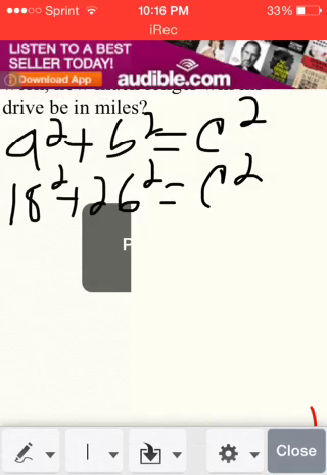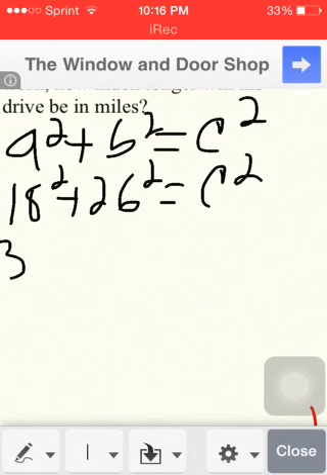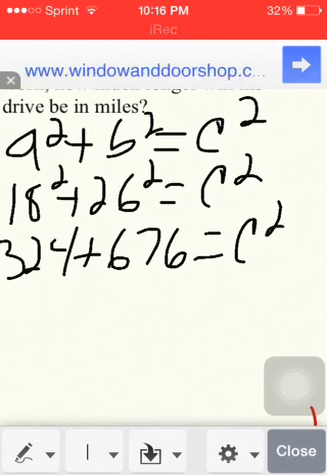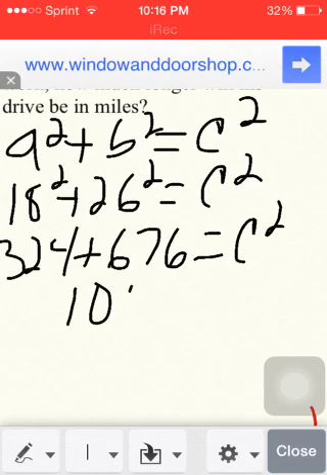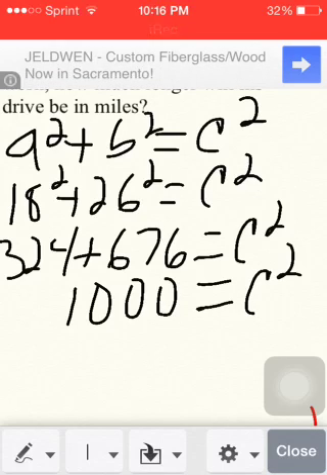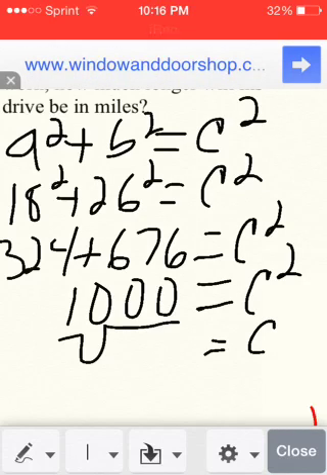And so 18 squared is 324, 26 squared is 676, and that is equal to c squared. So you add those two together and you get 1000 is equal to c squared. So if c squared equals 1000, then just plain old c equals the square root of 1000.